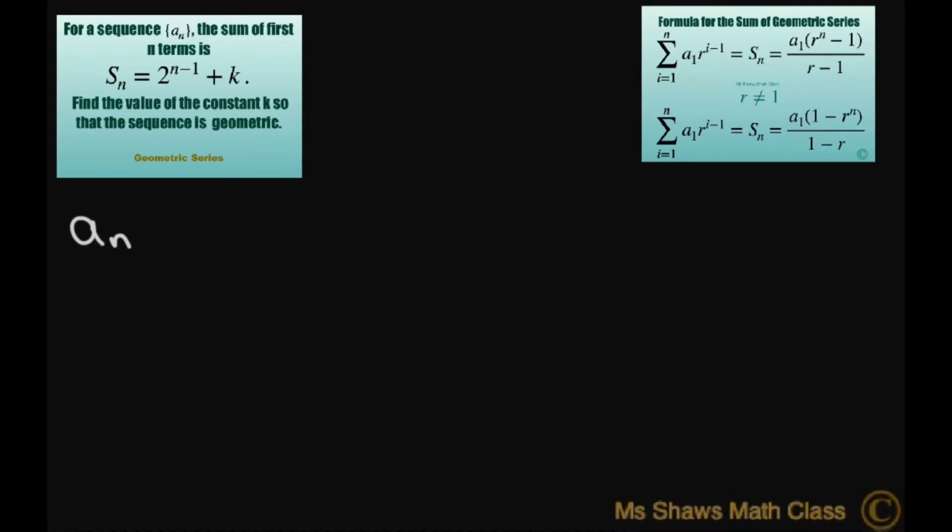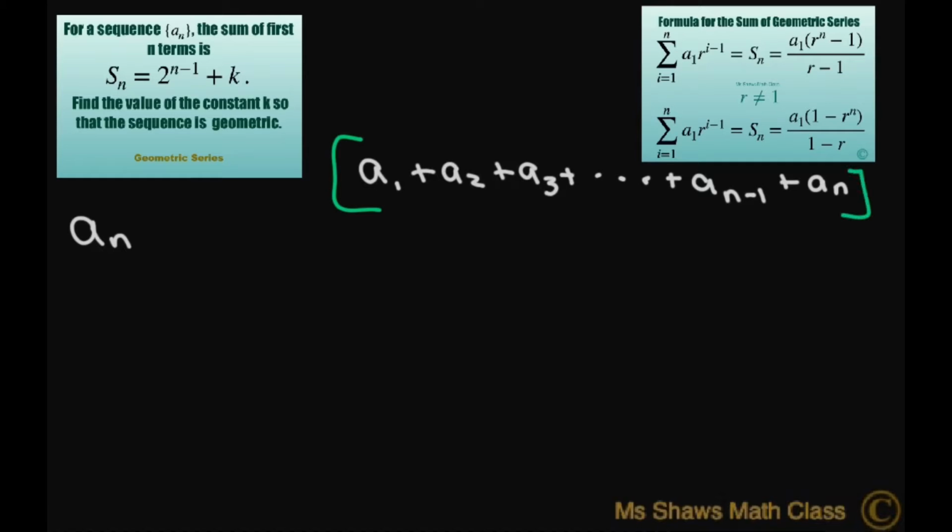So if I have a sequence a sub 1 plus a sub 2 plus a sub 3 plus dot dot dot plus the next to the last term, which would be a sub n minus 1, then I would have a sub n, right? So if I added all this up, this would be s sub n. Now, if I just add these up, this would be s sub n minus 1.